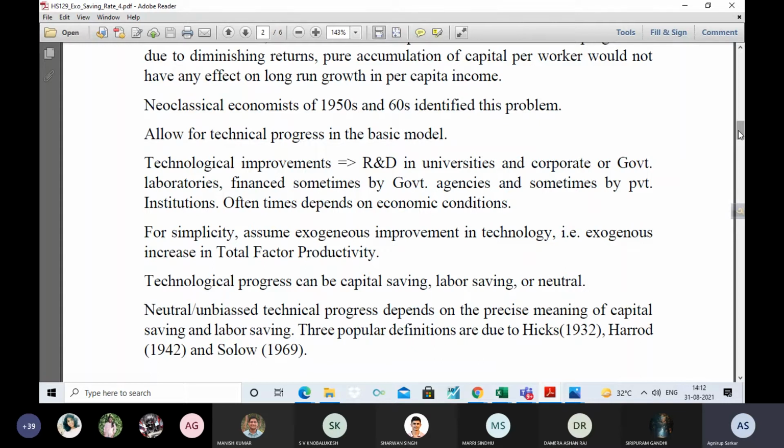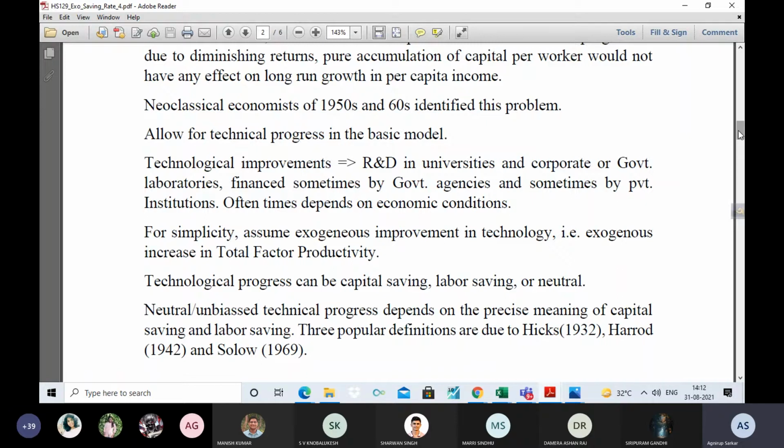Now, inventions that do not save relatively more of either input are called neutral technology or unbiased technology, right? So what is neutral technology? A neutral invention is a kind of invention that does not save relatively more of either of the inputs, right? So we'll be looking into the different kinds of neutral technologies here.